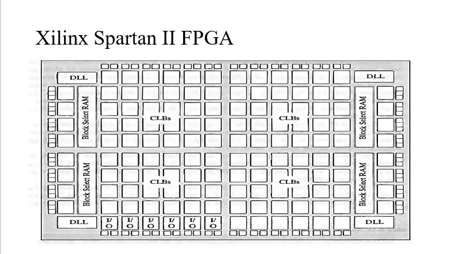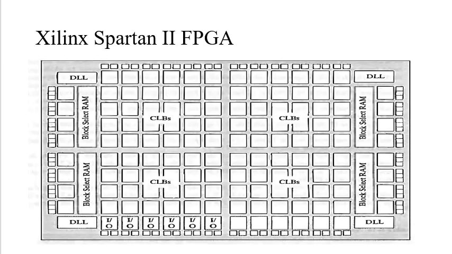These two things are added in the Xilinx Spartan 2 FPGA. From Spartan 2, the next one is the Virtex, and the remaining is the same as the Xilinx 4000 FPGA.